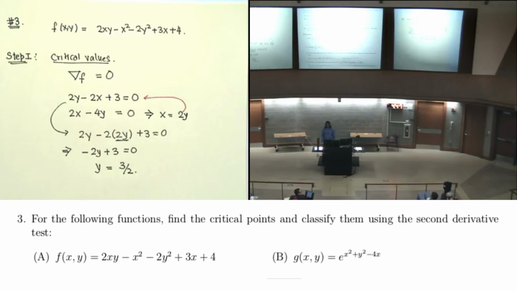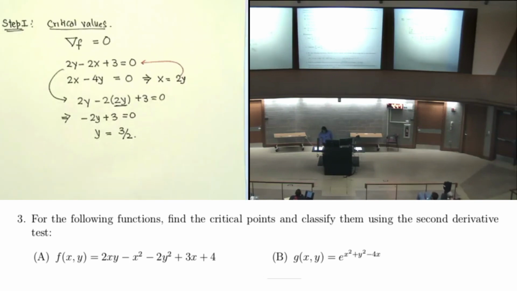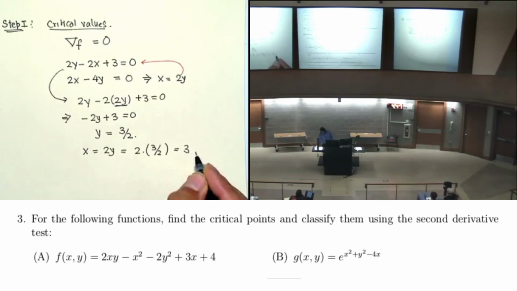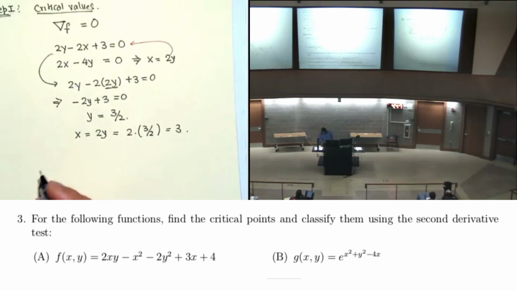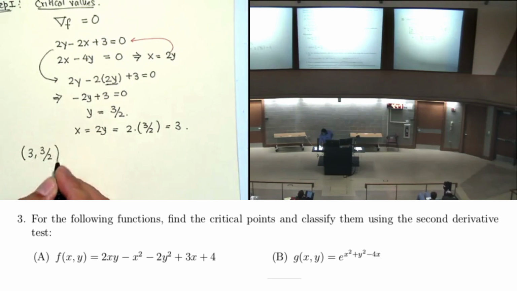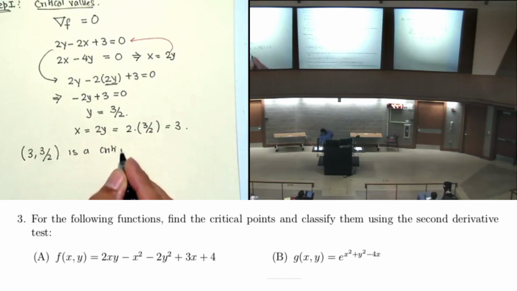There you go. So y is 3/2, and what is my x? Remember, my x was 2y, and y is 3/2. So 2 times 3/2 is 3. So I get a critical value: the point x is 3 and y is 3/2 is a critical value.